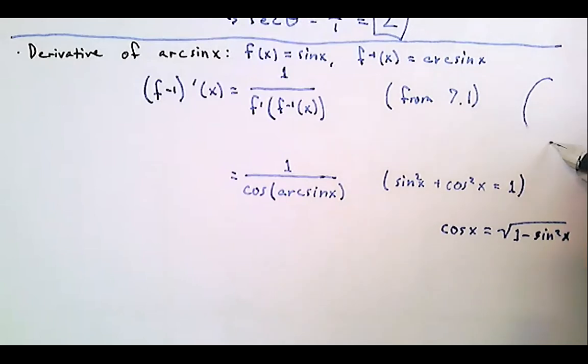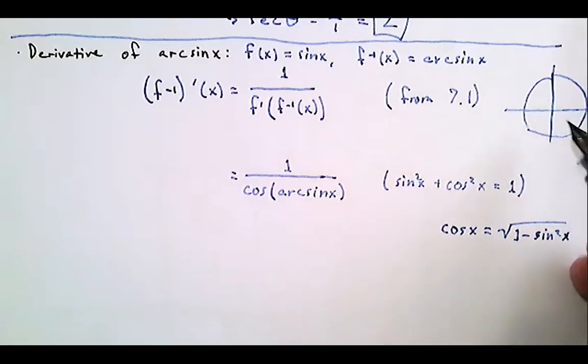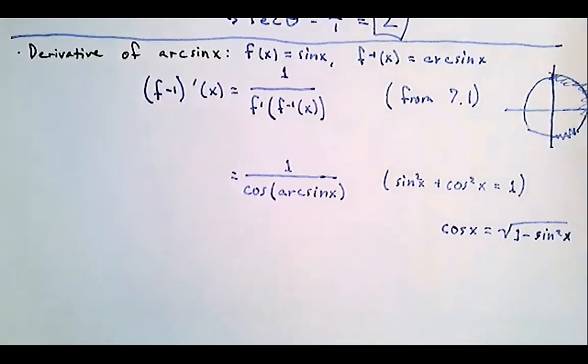And remember, when we're talking about sine and arc sine, we're actually only talking about the right half of the circle between minus pi over 2 and positive pi over 2. So we need this half of the circle. And it looks like I need a pen with ink in it.